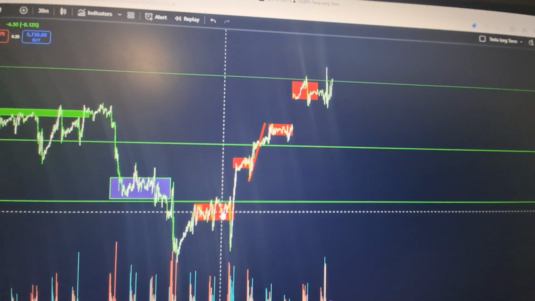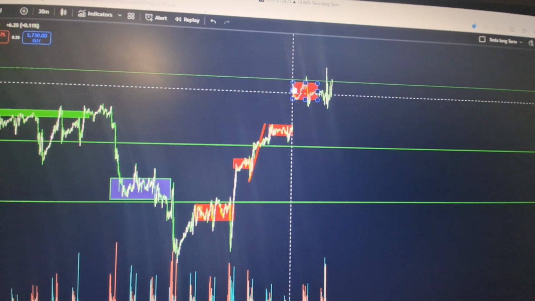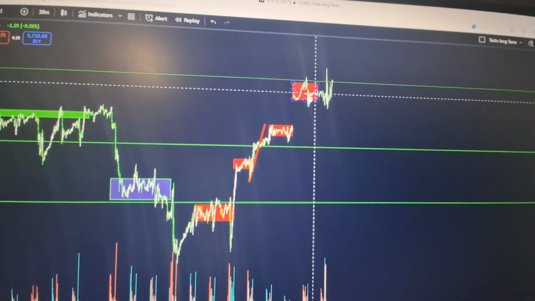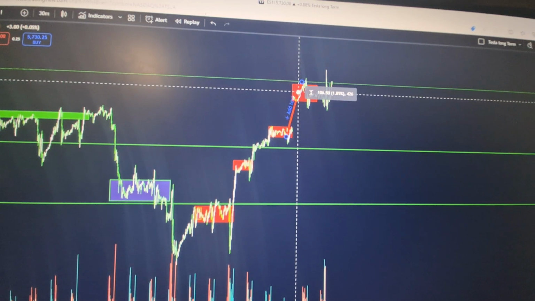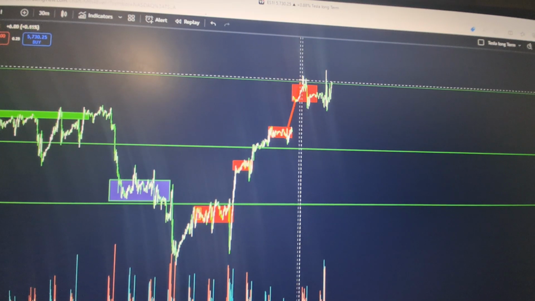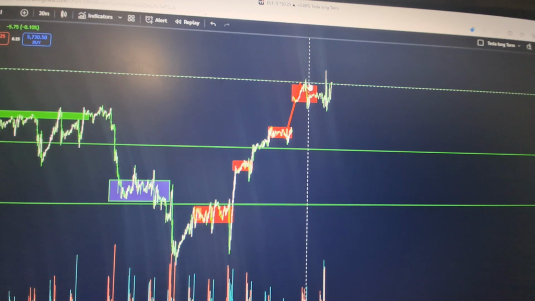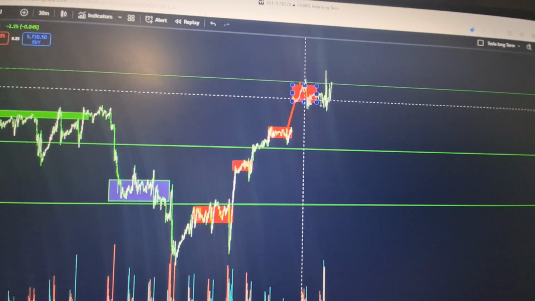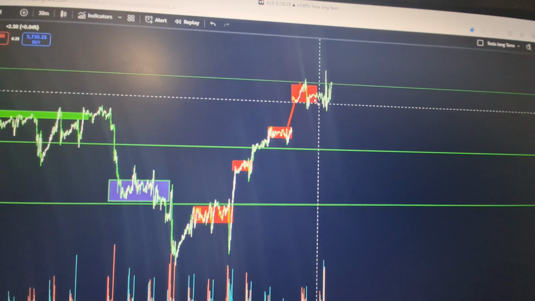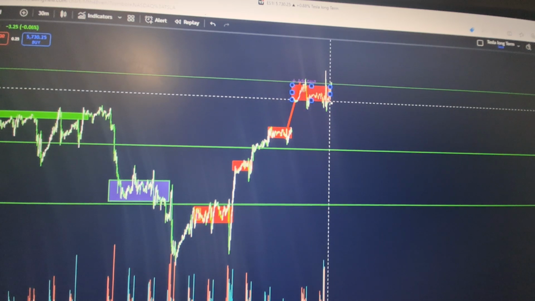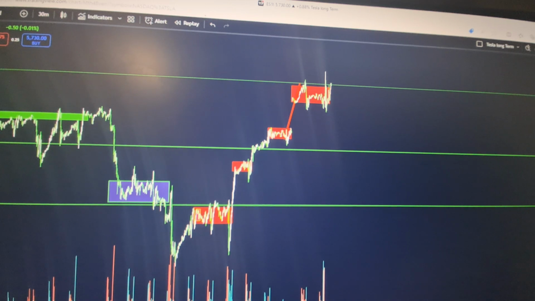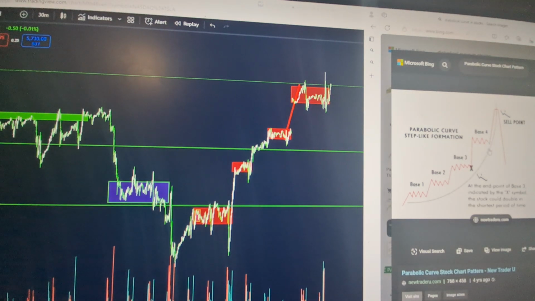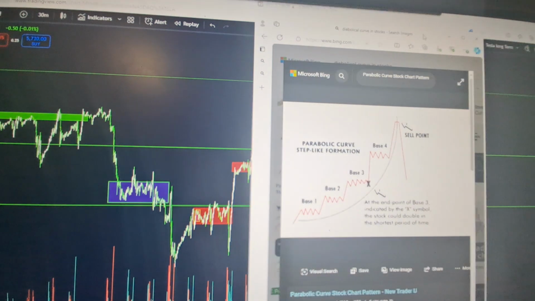Okay, so right here we have 1, 2, 3, and here's your 4, right? If you notice, the bottom of the consolidation is almost exactly the measured move. With this being your fourth consolidation phase, remember what happens next. In a diabolical curve, the last stage is the blow off top. Sorry, you can't see that.